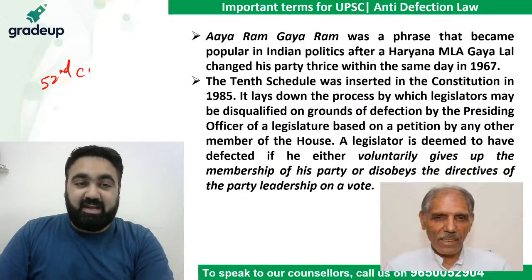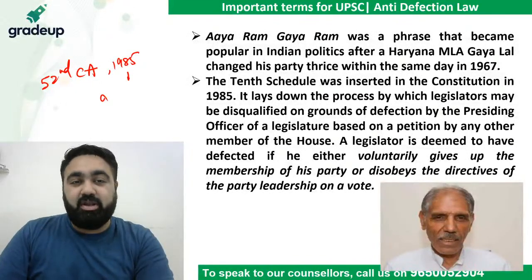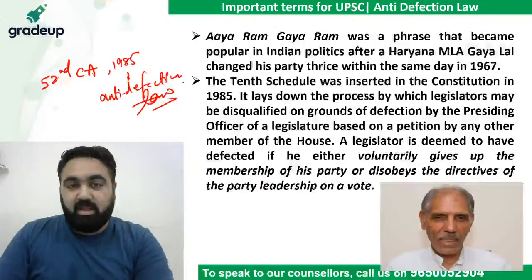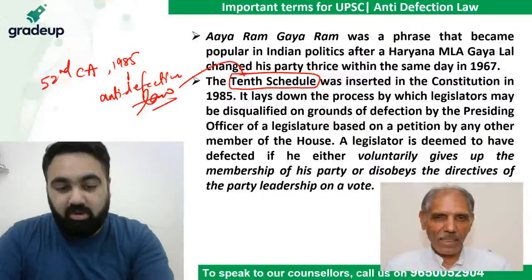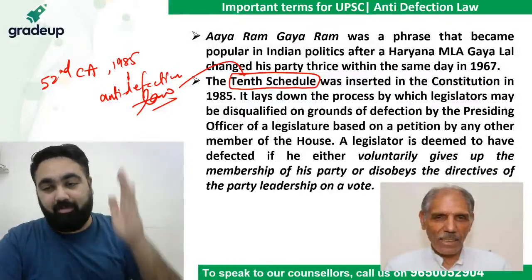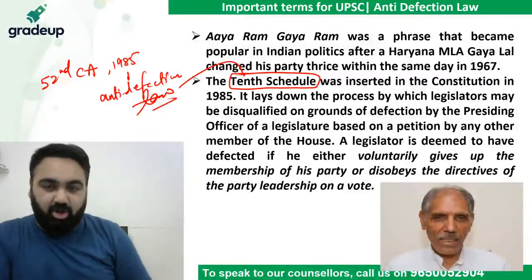The 52nd Constitution Amendment Act 1985 was passed to introduce what we call the anti-defection law. The law is currently written in the 10th Schedule. As you know, the original constitution only had 8 schedules. Schedules 9, 10, 11 and 12 were added later on.